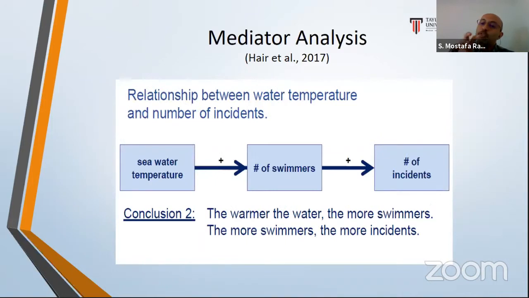If we introduce a mediator between these two variables, the number of swimmers, we can understand the mechanism. Seawater temperature influences the number of swimmers, and the number of swimmers influences the number of incidents. So by introducing this mediation variable, we can understand the mechanism.